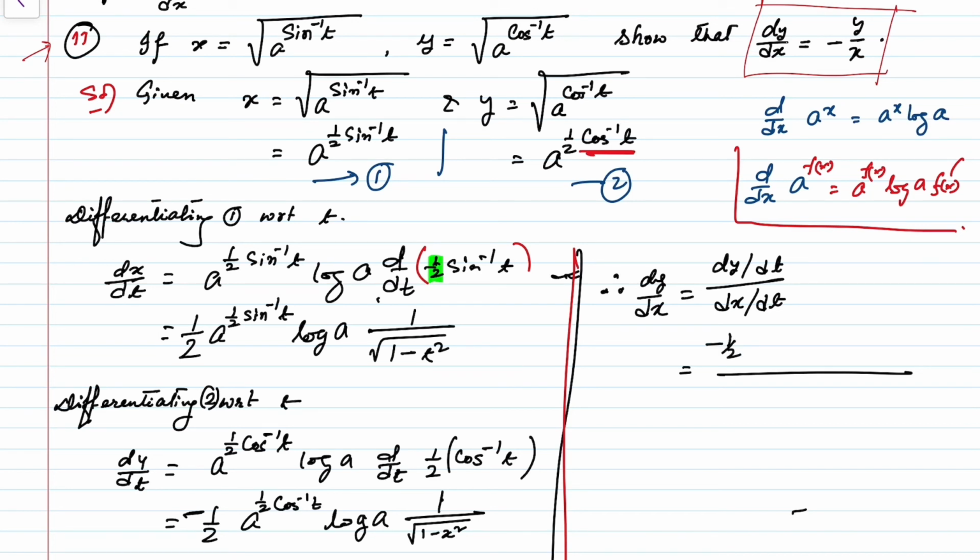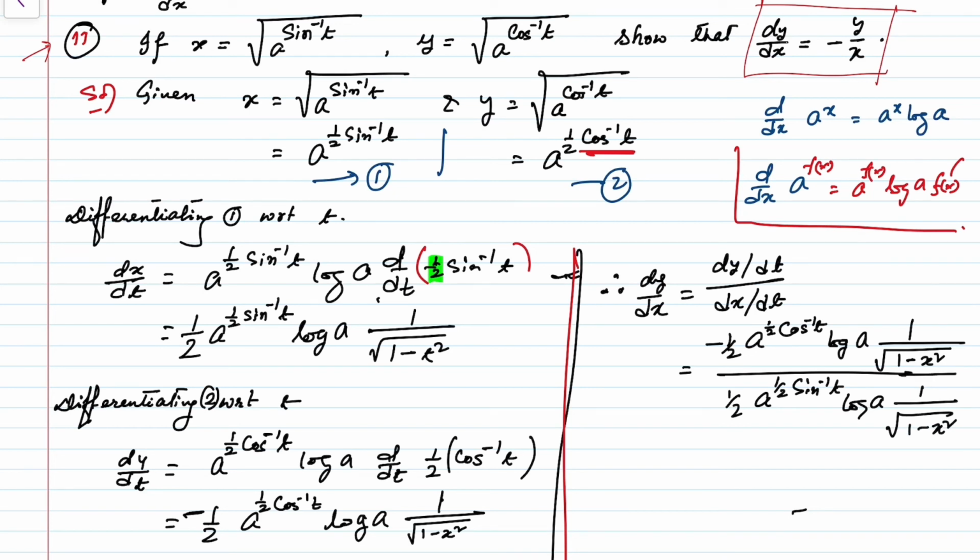Minus half a to the power 1 by 2 cos inverse t log of a, 1 by root over 1 minus t square, divided by half a to the power half sine inverse t log of a, 1 by root over 1 minus t square. Okay, so what are the terms here?